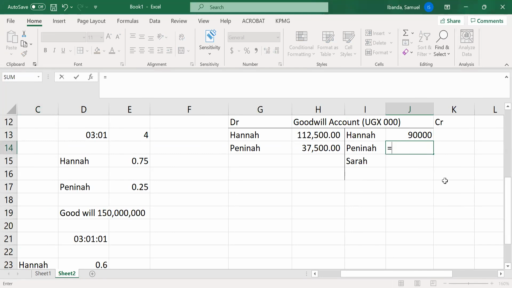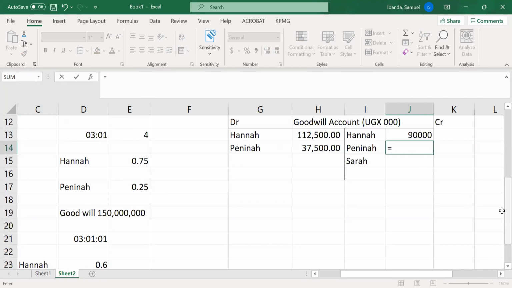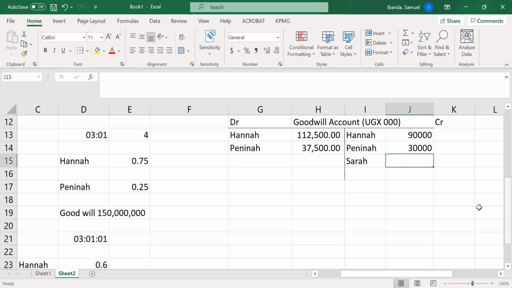Then this will be 1/5, which is 0.2. 0.2 times 150,000 gets you that. Then that will be the same thing that will be here. It still adds to the same total.